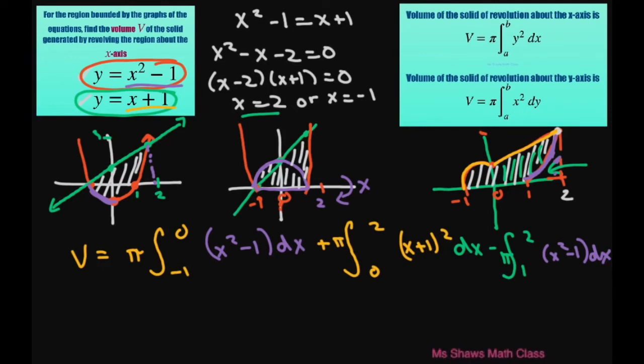All right, and then from there we can just simplify this by expanding all of this out. So that's what I'm going to do next. We're going to have this equals pi times the integral from negative 1 to 0 of x to the power of 4 minus 2x squared plus 1 dx.